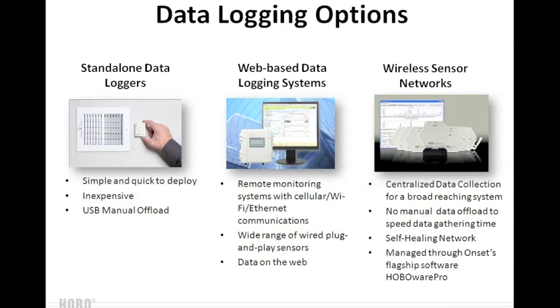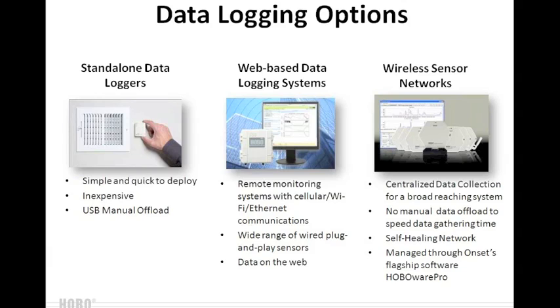I wanted to talk to you today about our 3 data logging families. The way we describe our data loggers is by using the terms standalone data loggers, web-based data logging systems, and wireless sensor networks. We'll obviously spend the most time today on the wireless sensor network, but I wanted to set the basis by describing the differences in these 3 data logging families.